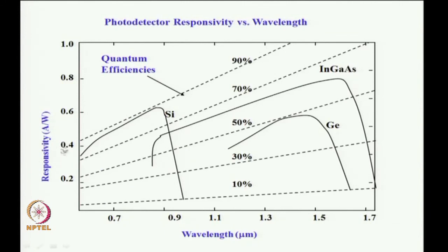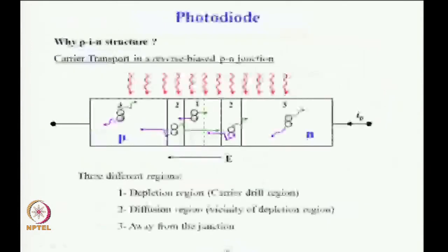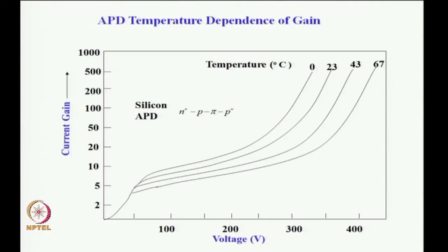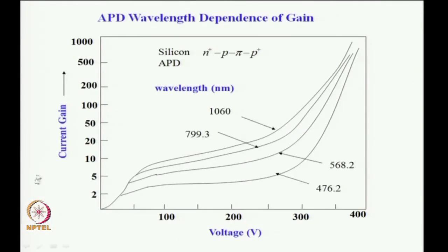So, silicon has a smaller quantum efficiency at lower wavelengths, and the quantum efficiency is relatively large as the wavelength increases. The responsivity is large too. Of course, as we reach near the band gap wavelength, the quantum efficiency drops down, and this is the primary reason for the characteristic that I have just shown, that is, the dependence of current gain on wavelength.